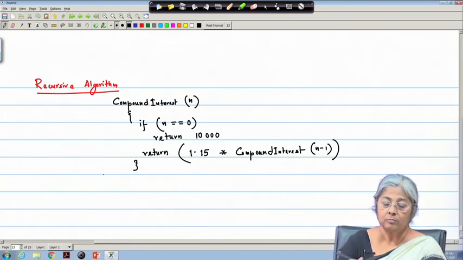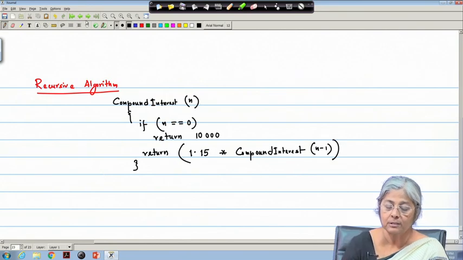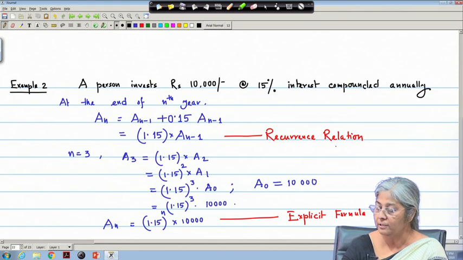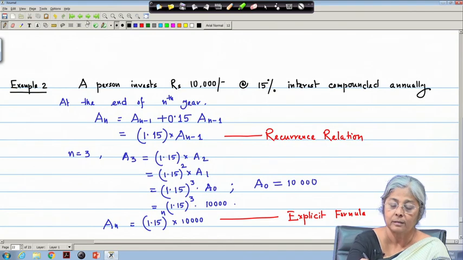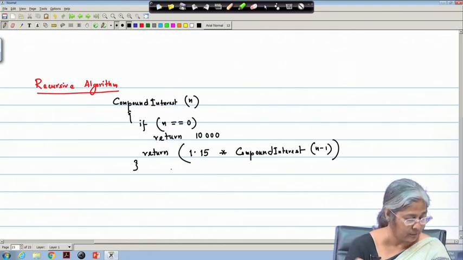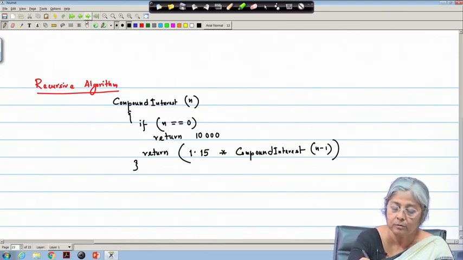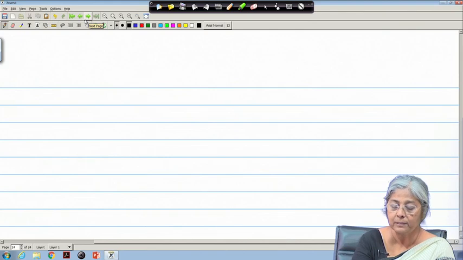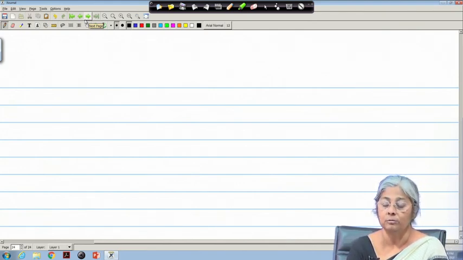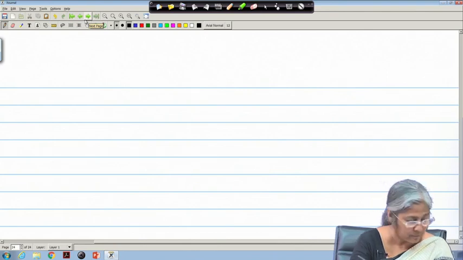So, with this simple example we get the recurrence relation, the explicit formula, and the recursive step, which if we code it gives the recursive algorithm.